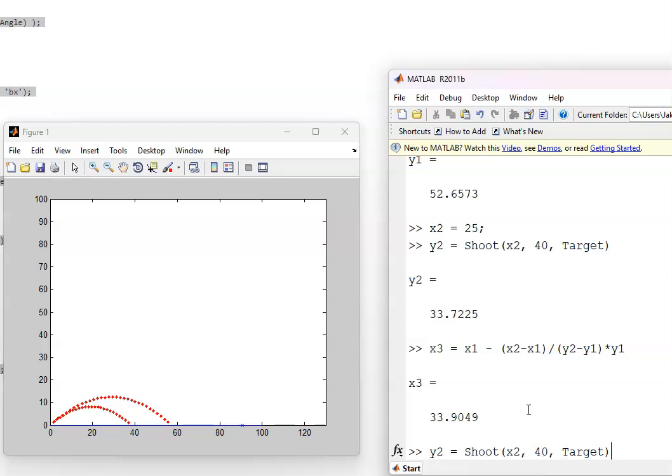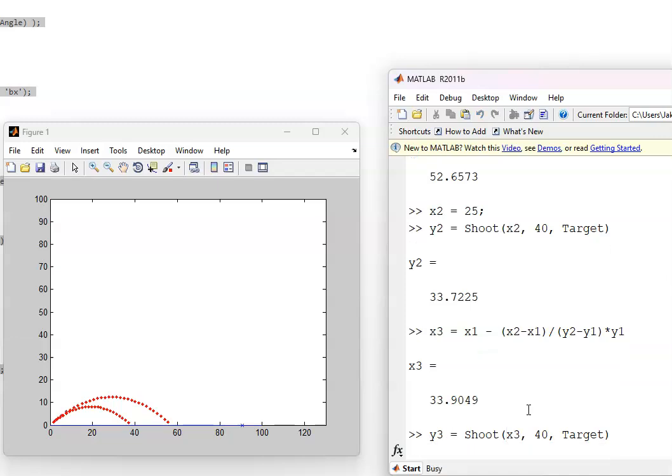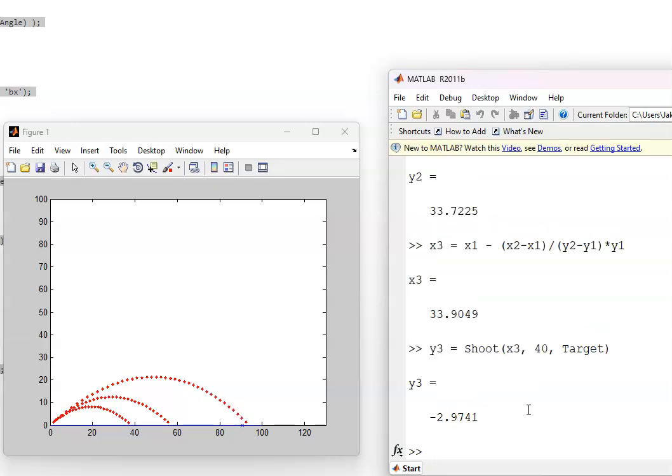Let's try it. Here's y3. Launch the tennis ball. And pretty darn close. Well, given the last two guesses, I can interpolate, find the next guess. Guess 4 will be x3 minus the same formula using x3 and x2.